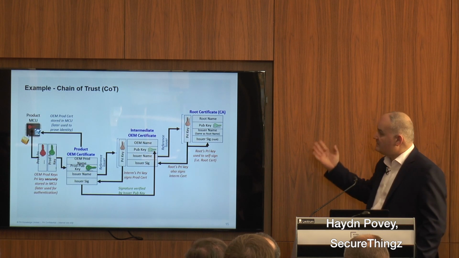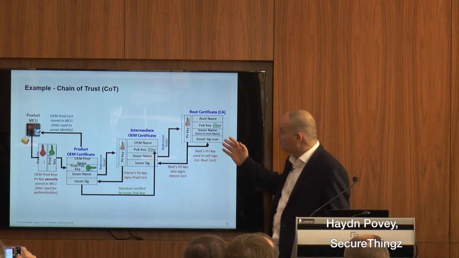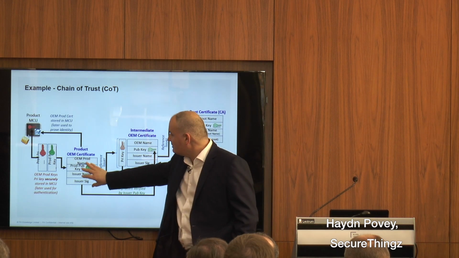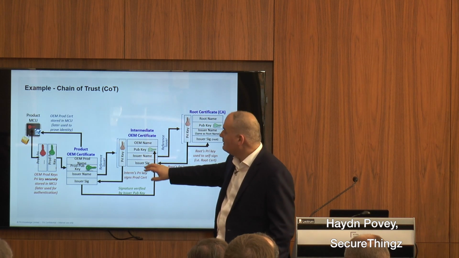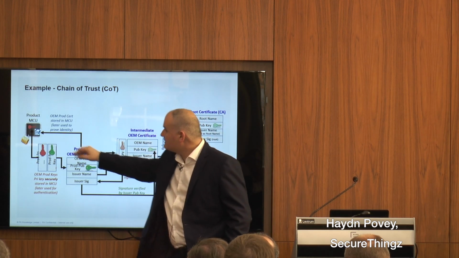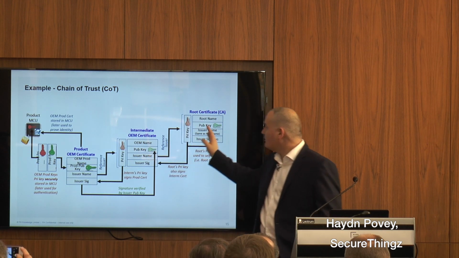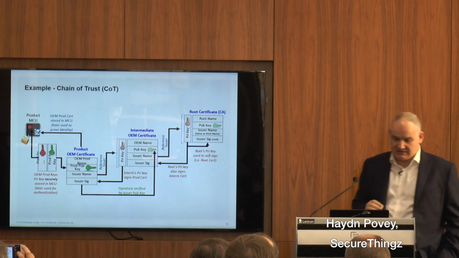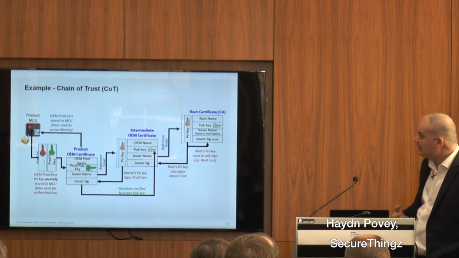And of course, enabling the root of trust. So Chris again showed the product certificate down here. Inside our chip, we have mechanisms for getting that in there. Going back to the root certificate and certificate authority.